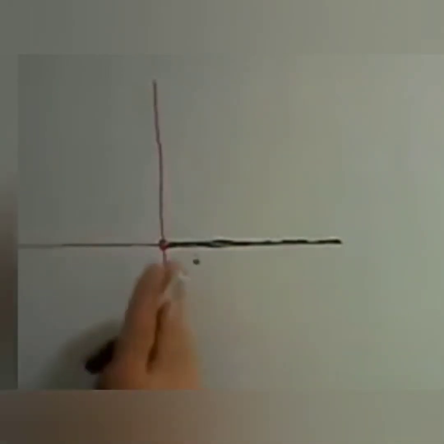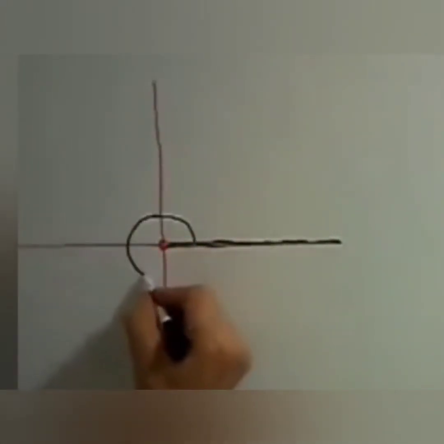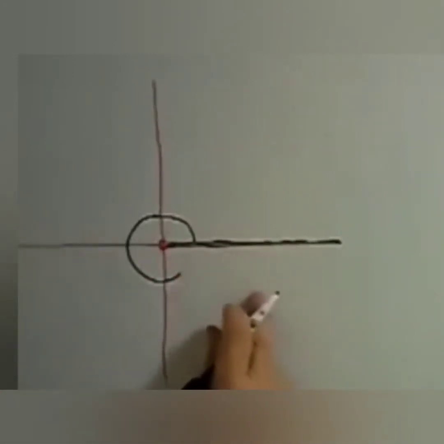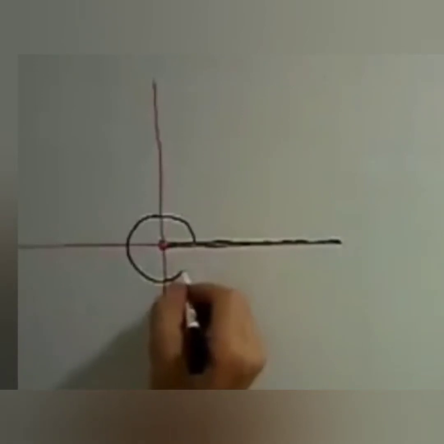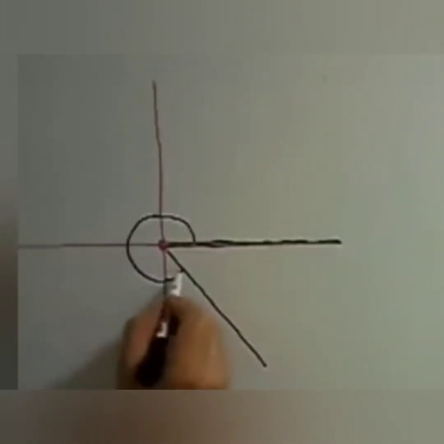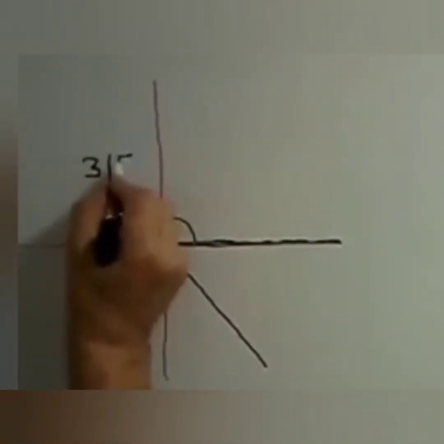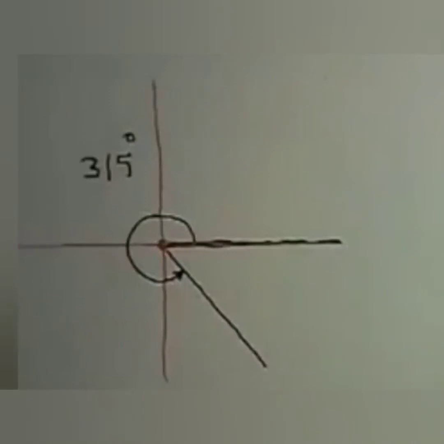So here it's a positive angle. So we will move from the initial side all this distance until we get to the half of the fourth quadrant, and the terminal side of the angle will be here. So this is the angle 350 in standard position. Okay?